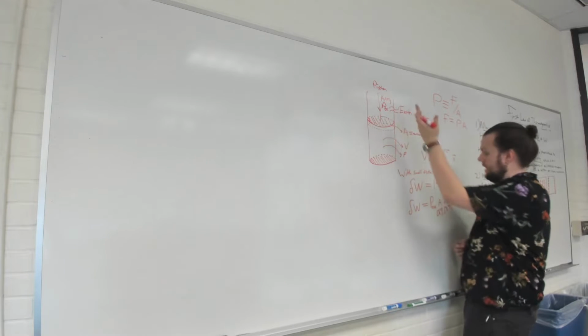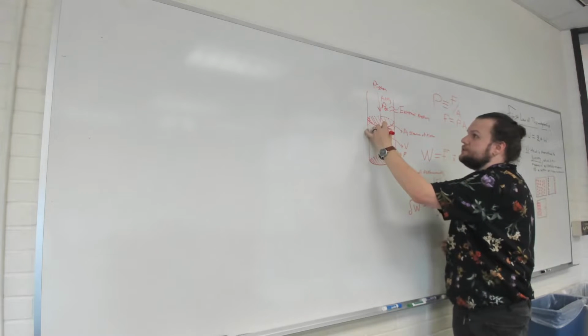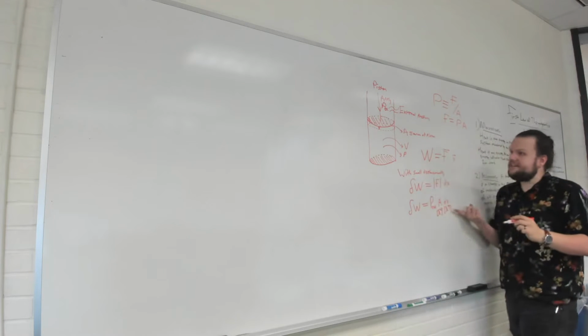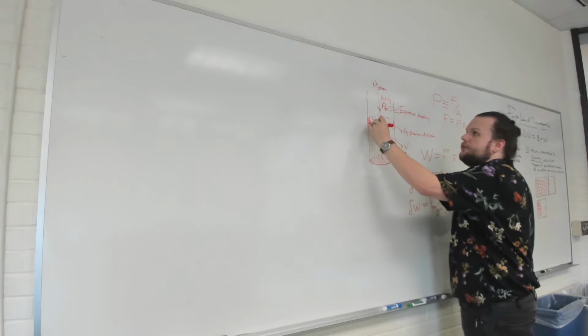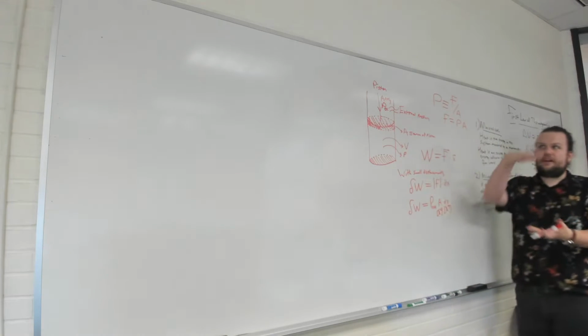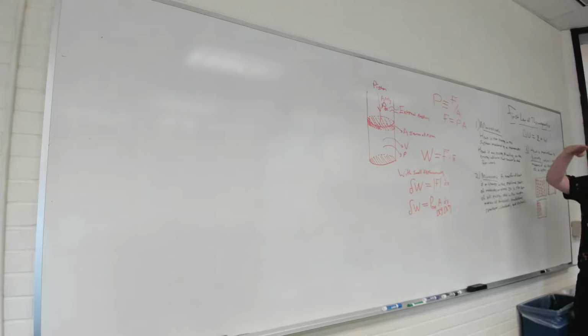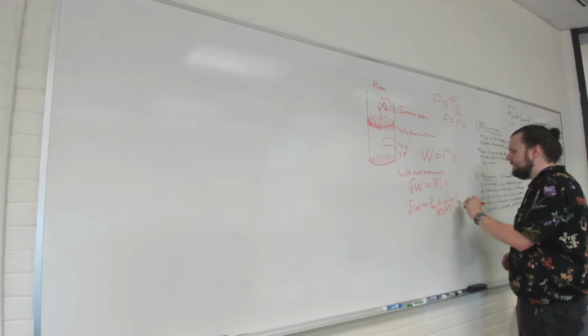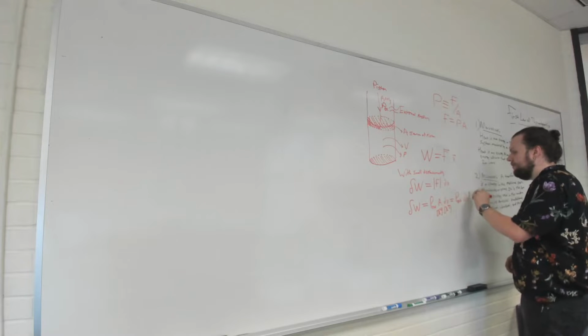If dx is this distance between the initial position and the final position, then A times dx is going to be the volume created by the displacement. It's the region of the cylinder from where the piston was originally to where it is finally. This region in the middle is a volume. So this is going to be P_ext times the change in the volume.